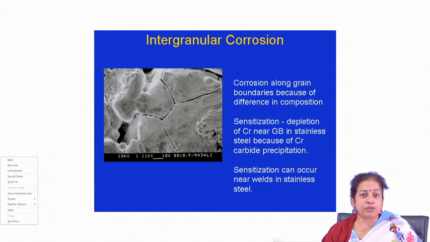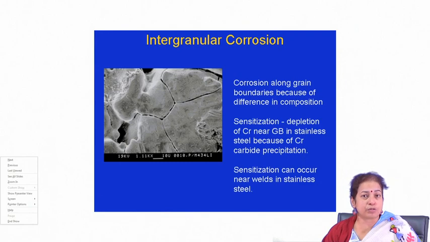Because of the presence of completely different phases along the grain boundaries, their electrochemical behavior is widely different from that of grains. As a result, a microgalvanic cell forms between grain boundary areas and the grains, and the adjacent grain boundary regions are corroded at a much faster rate than the rest of the body.